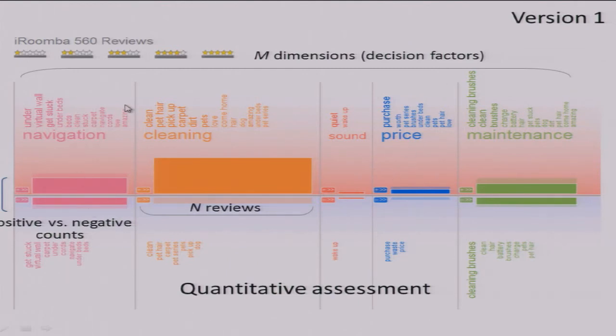What we're trying to convey here is that we want to allow users to make what we call a quantitative assessment. By looking at this, you know how many dimensions have been mentioned by people, how many reviews have talked about each dimension, and also the positive and negative sentiment counts toward each dimension.